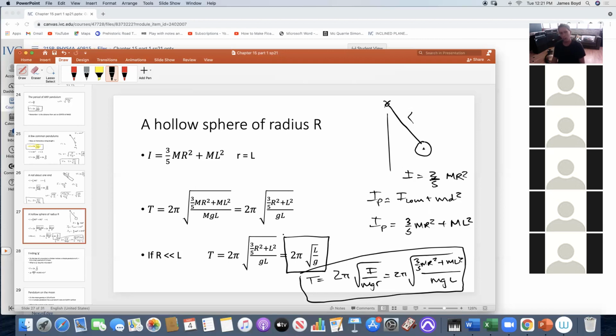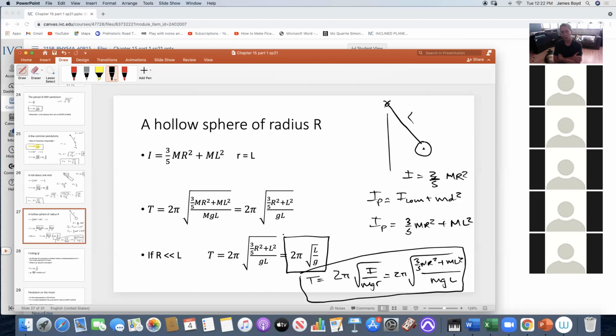So there's two ways to see that, and that's that a simple pendulum is the limiting case for a very long string with a very small radius.